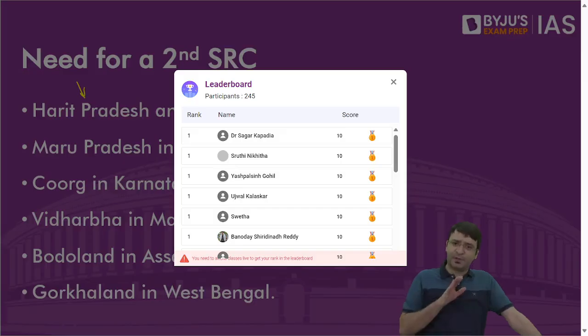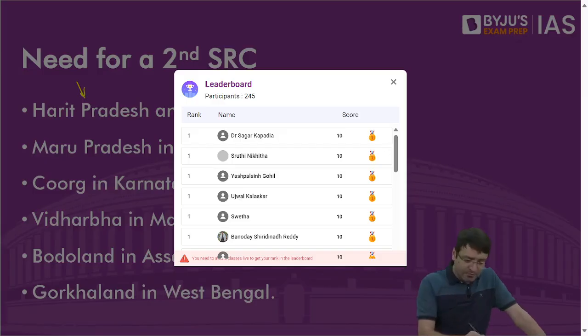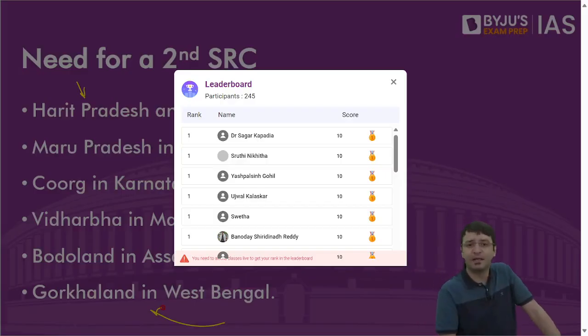Similarly, Maru Pradesh in Rajasthan should be created. Coorg is asking for union territory status in Karnataka. Vidarbh, where we see horrific farmer suicides and distress in the farming sector, is asking for a separate state. Bodoland in Assam and Gorkhaland in West Bengal are also asking for separate states.